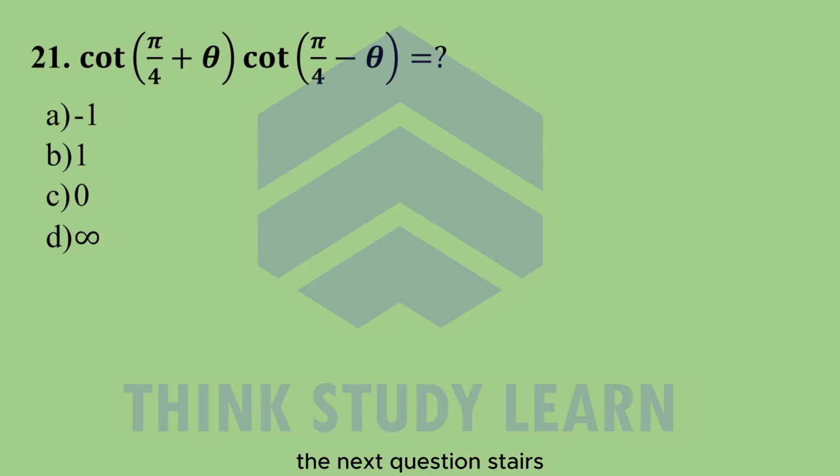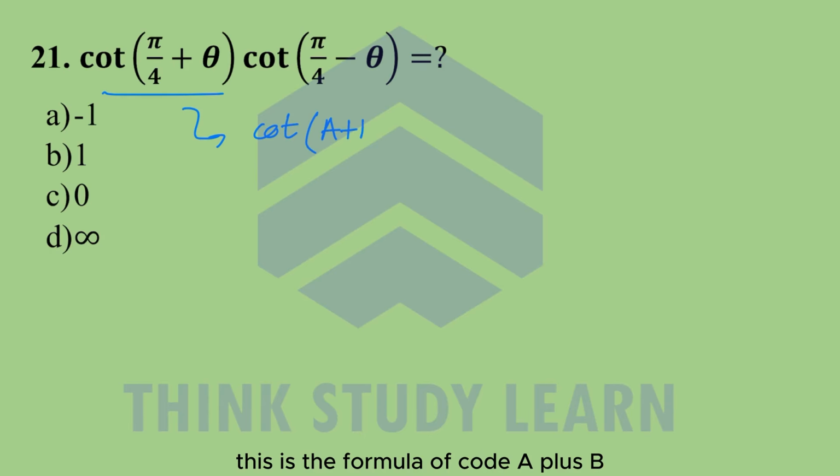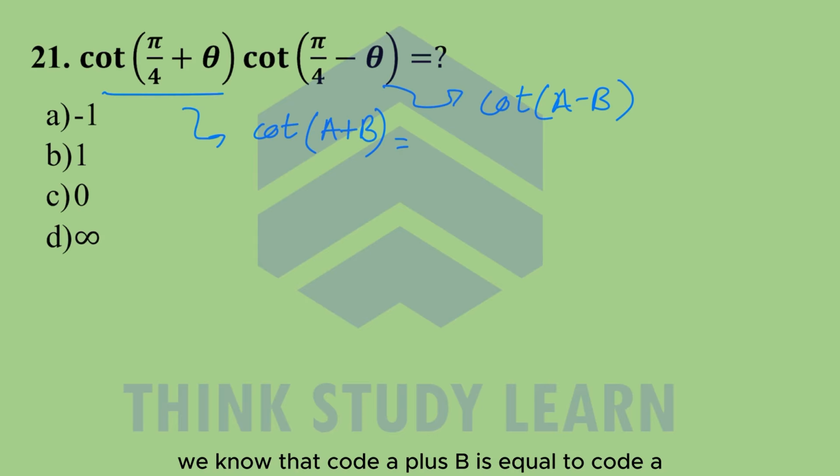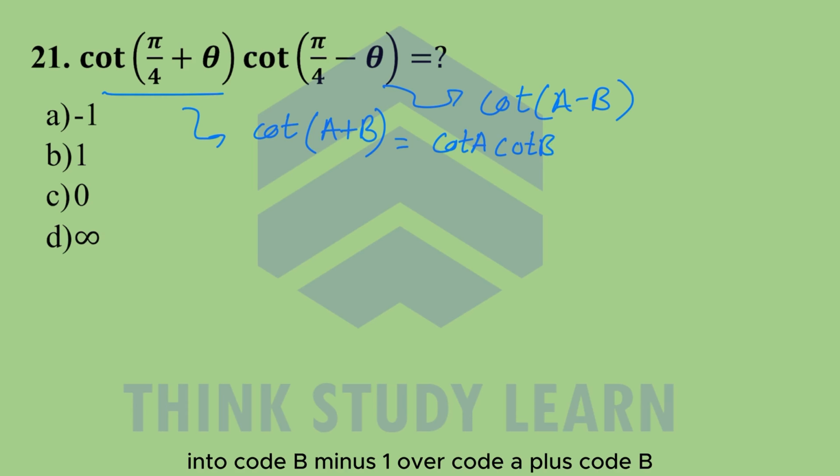The next question states find the value of cot of pi by 4 plus theta into cot of pi by 4 minus theta. So looking on to this expression, this is the formula of cot A plus b and this is the formula of cot A minus b. We know that cot A plus b is equal to cot A into cot b minus 1 over cot A plus cot b.